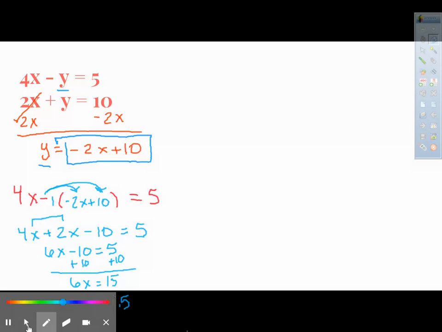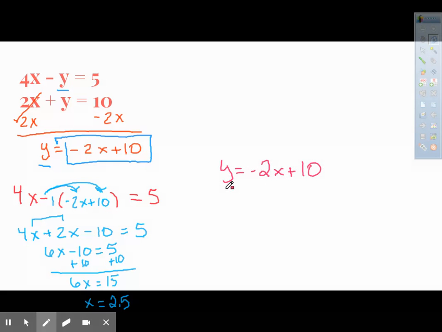Okay. Alright, so now that we know x, now we need to figure out y. Now it's up to you if you want to plug in x into this equation or this equation. Me personally, I'm going to plug it into the one where I solved for the variable. Where I have y equals -2x plus 10, I'm going to plug in x right there.